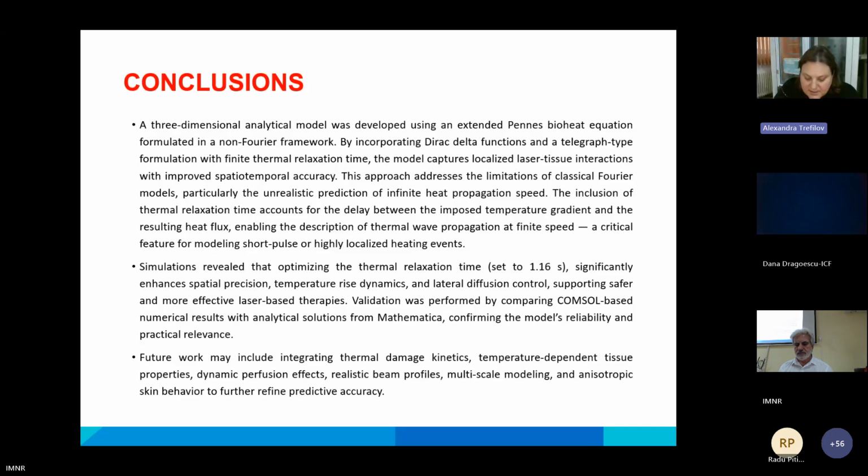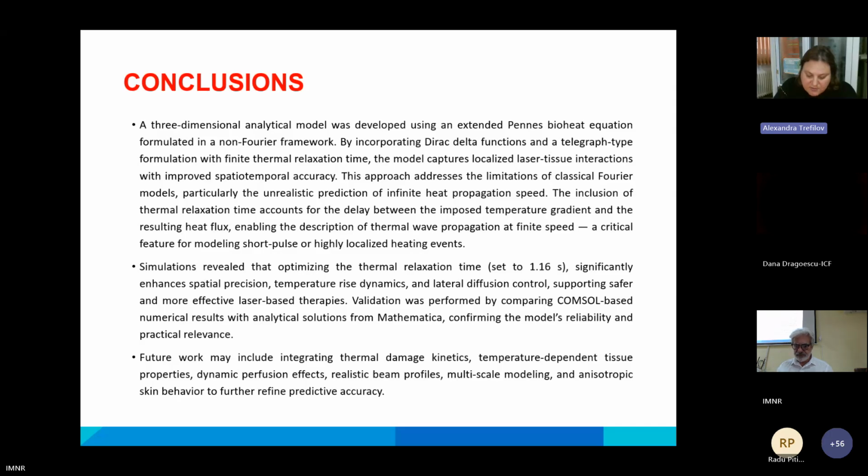The Dirac delta functions represent sharply focused energy input, while the telegraph equation introduces a realistic time delay in the heat conduction. Together, those elements improve prediction of heat transfer in skin and subcutaneous tissue, especially under ultrafast laser exposures.